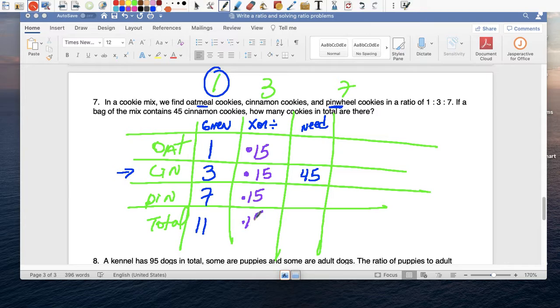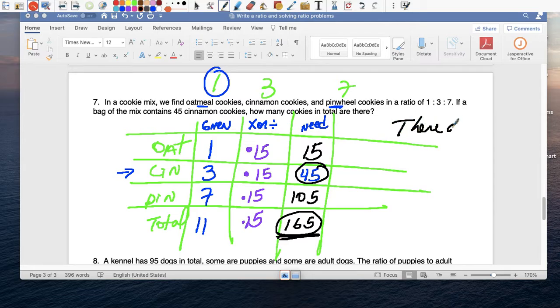And aquí por 15. 1 times 15 is 15. 7 times 15 is 35, carry 3, 105. And the total here is going to be 165. Total. So, cuando hay 45 cinnamon, ¿cuántos totales yo tengo? There are 165 total cookies when there are 45 cinnamon cookies. Okay?